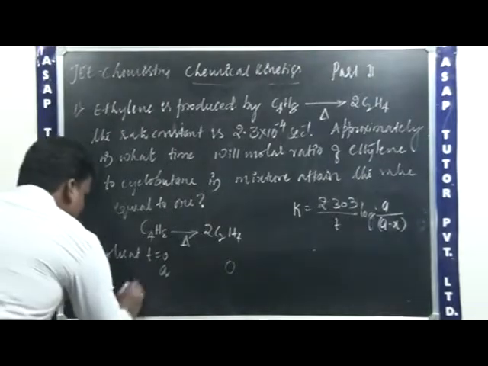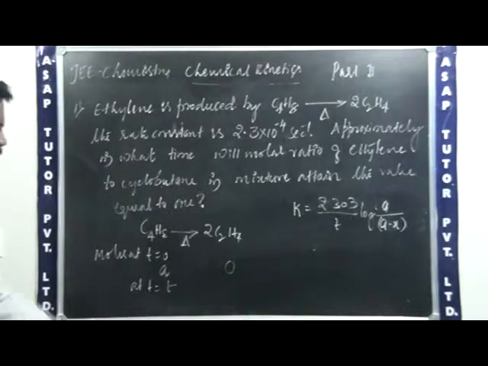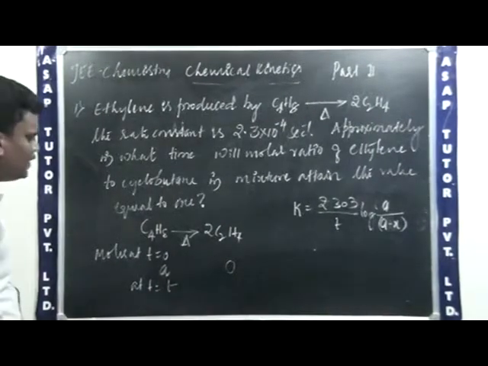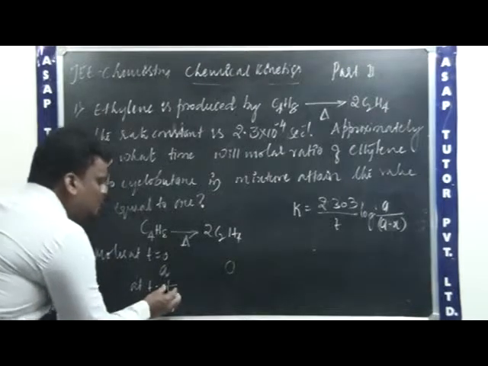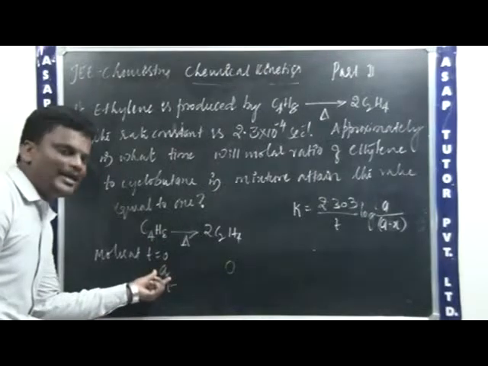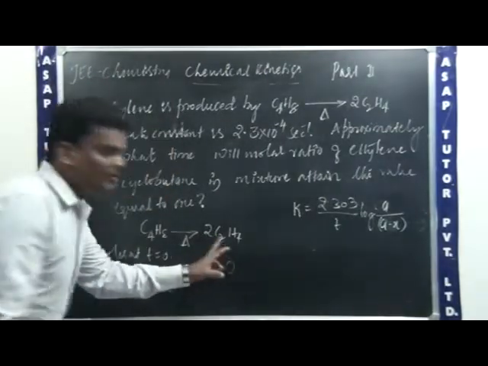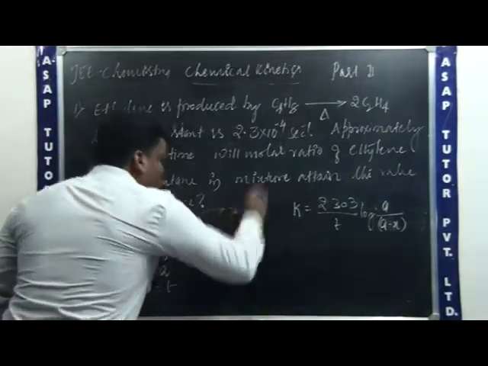Now I will take at time t equal to t. At time t equal to t, I have taken it as a happening of some time. So here the initial concentration of the reactant I have taken as A. In that initial concentration, some amount of the reactant is converted to product. I will take the converted amount as X.